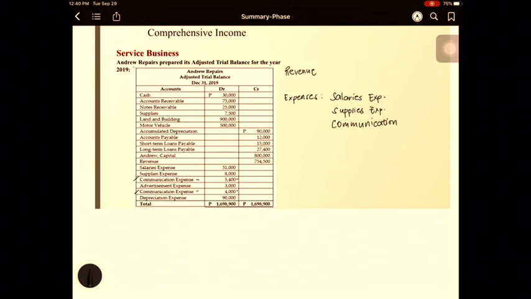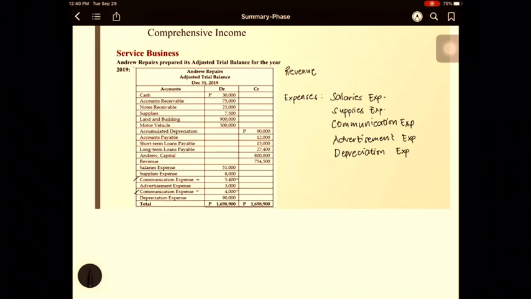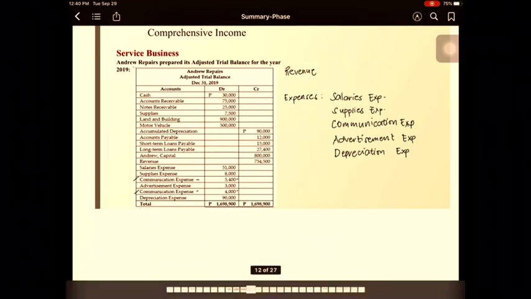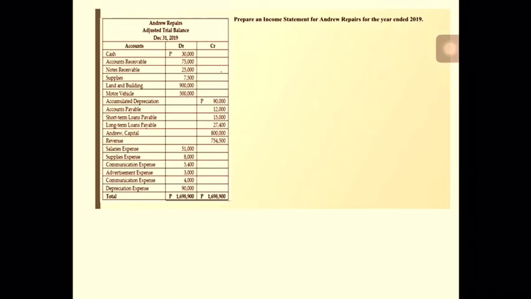We also have your advertisement expense, and lastly your depreciation expense. Once you know the accounts that you should reflect in your income statement, you may now formally start preparing your income statement.